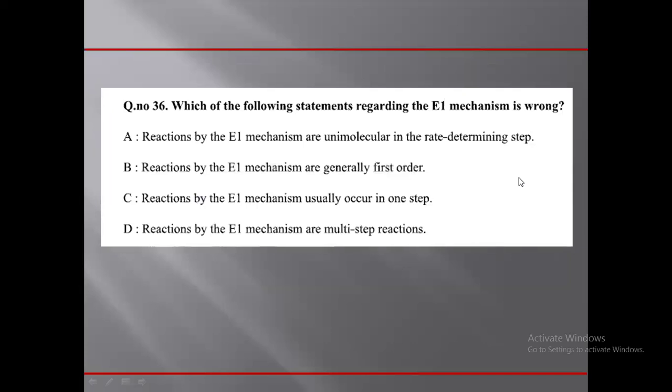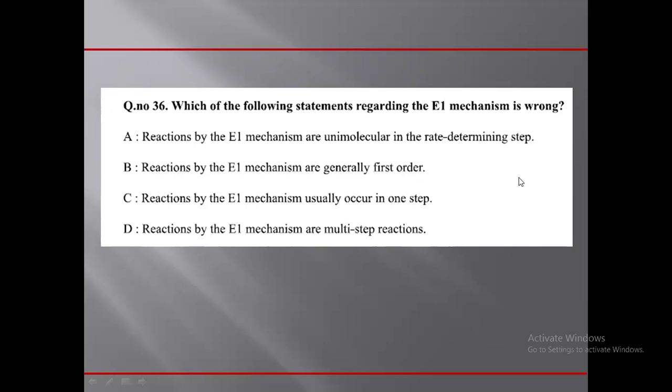Question number 36. Which of the following statements regarding the E1 mechanism is wrong? Here you have to find the wrong statement. Option A: reactions by the E1 mechanism are unimolecular in the rate determining step. B: reactions by the E1 mechanism are generally first order.